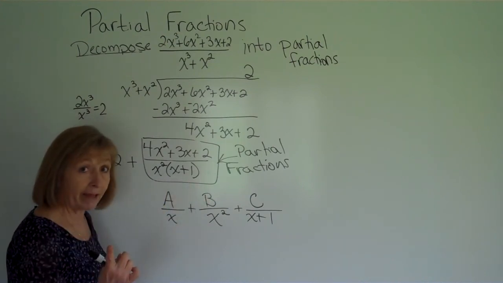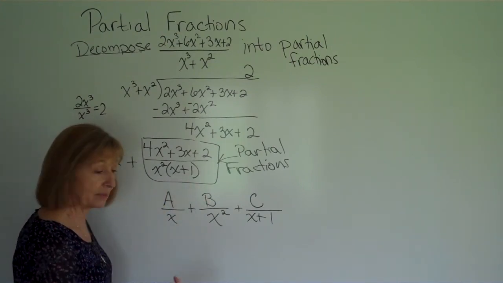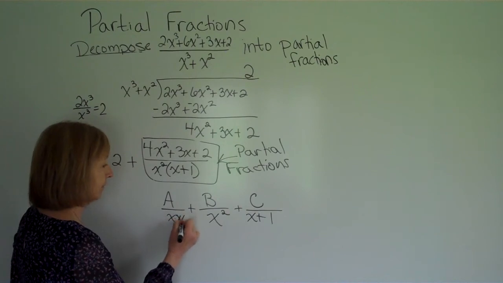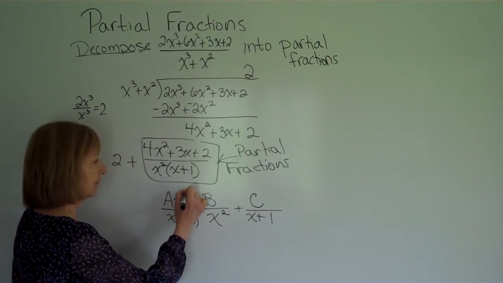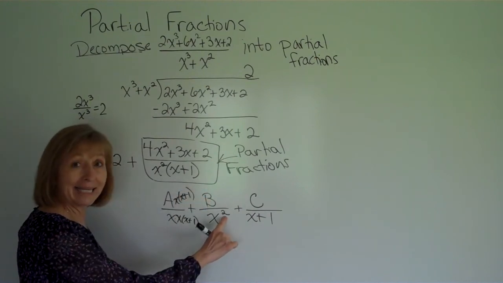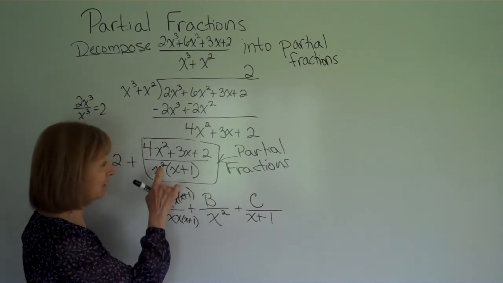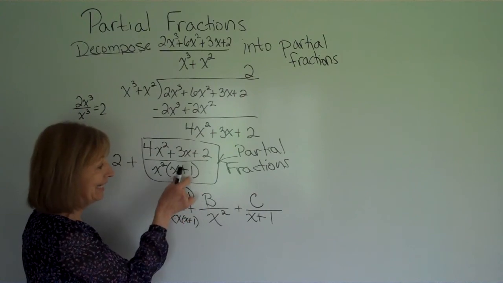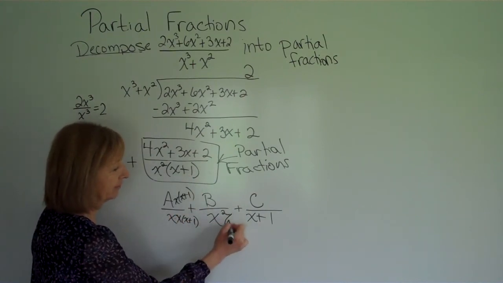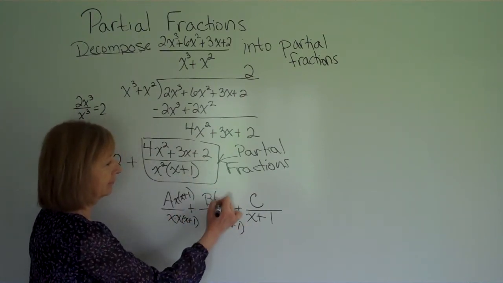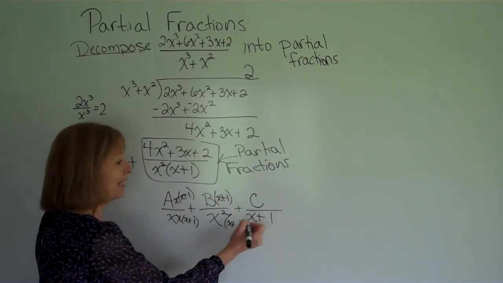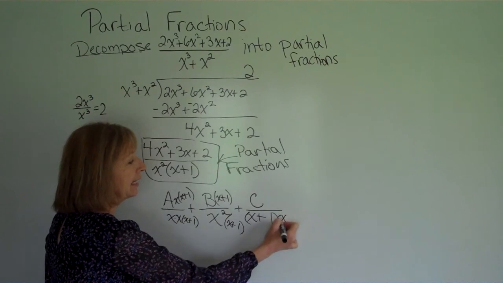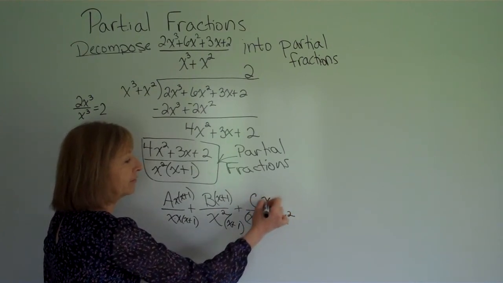So it needs one more factor of x and a factor of x plus 1. The next denominator has the x squared factor. It needs the x plus 1 factor. The last denominator has the x plus 1. It needs to be built by the factor of x squared.